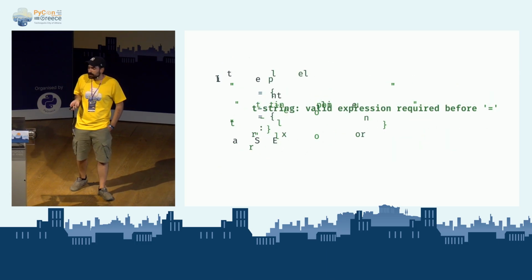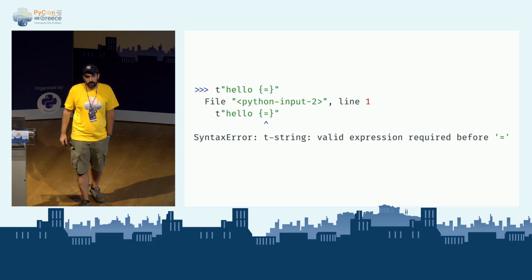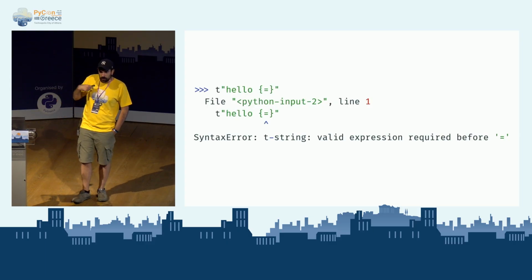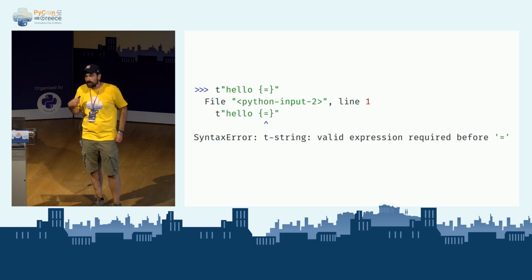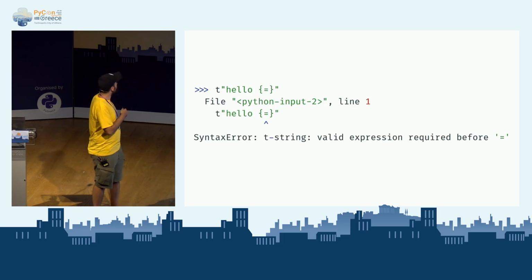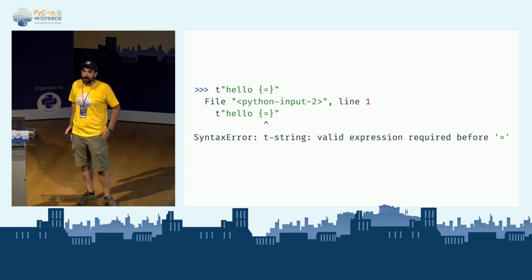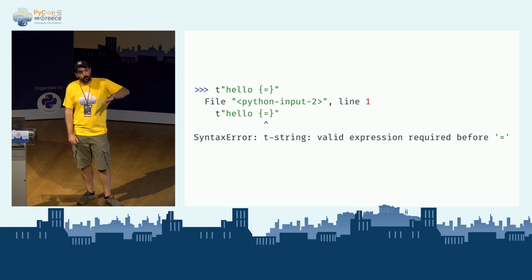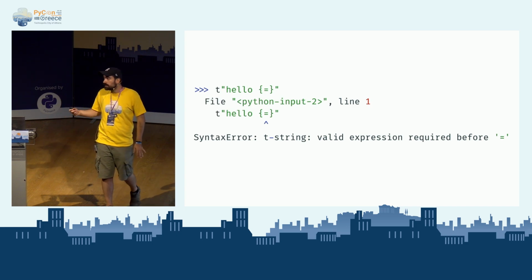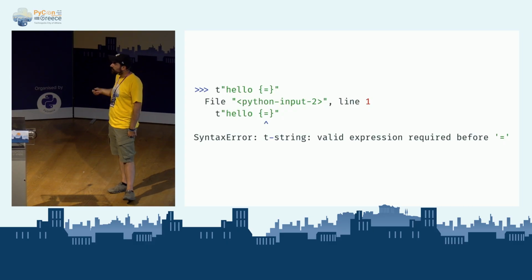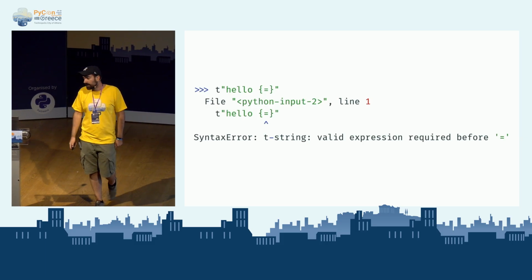So in cases like this, for example, if we have just an equal sign between the braces, the grammar will actually match that and say, oh, I know what this looks like, and I know what the error message should be for this. And in this case, it's valid expression required before the equal sign. So in the grammar, we're not only matching valid syntax, we're matching some invalid syntax as well. That's going to produce a helpful syntax error so that users know what they've done wrong.